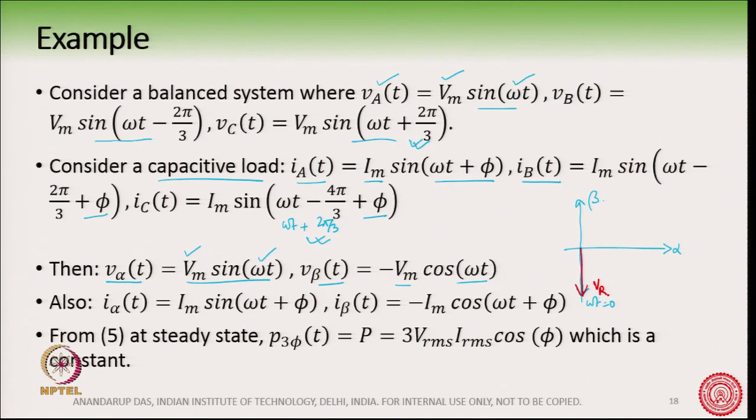That is why it is minus Vm cos omega t. At omega t equal to 90 degree, Vr will come here, and I will have maximum projection on the alpha axis and 0 projection on the beta axis.